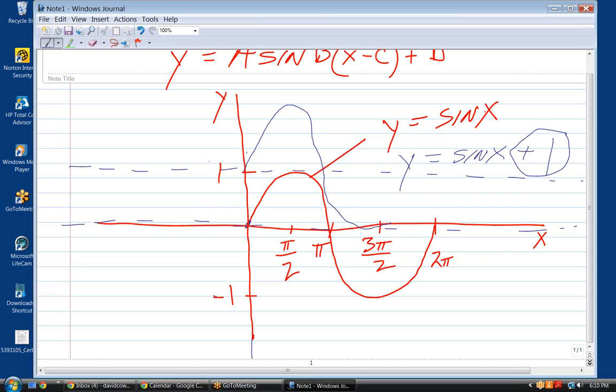In other words, instead of going between 1 and minus 1, I'm going between 2 and 0. Come back up to there. Shape of the curve, exactly the same. It's just been shifted up 1 unit. So D is really easy to work with. And obviously, if that was a minus number, I would move that line of symmetry down.